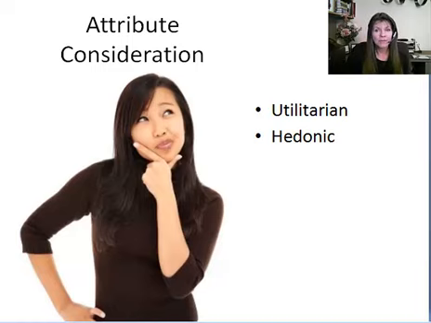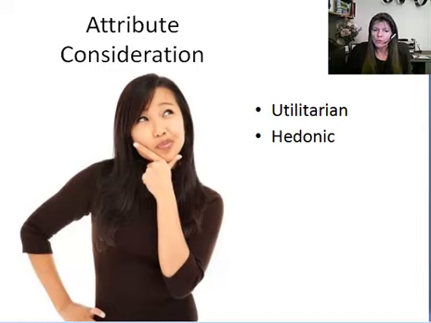And that would be utilitarian, heated steering wheel. And then I would like a really modern model of that car. I want it to look modern, to feel modern. What would that be? And that is hedonistic. And then finally, I want my car to have the option of GPS included, built into the car. And that would be utilitarian.